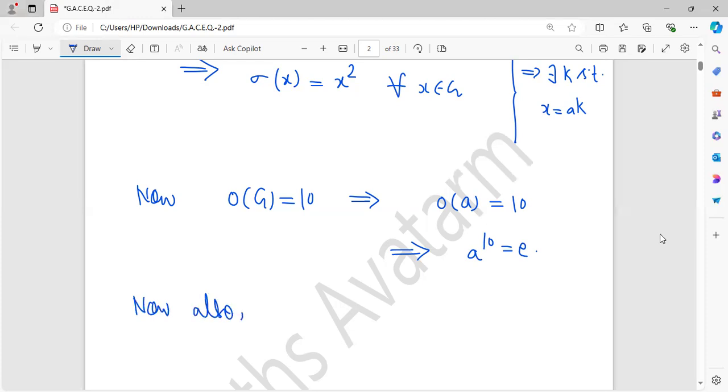Also, we have that the order of a is 10, which implies a to the power 5 cannot be the identity. If it could be the identity, the order of a would be less than or equal to 5. In that case, the order of G would be less than or equal to 5. But the order of G is 10, so a to the power 5 cannot be the identity.